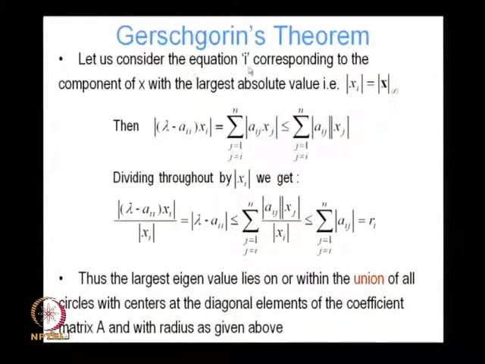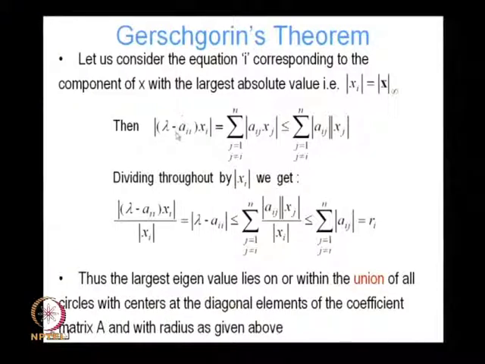Next, let us consider the equation i corresponding to the component of x with the largest absolute value, right. So, let us consider the ith row such that xi has the maximum absolute value. In that case, for that row I can write mod of (lambda minus Aii) xi is equal to mod of sigma Aij xj.